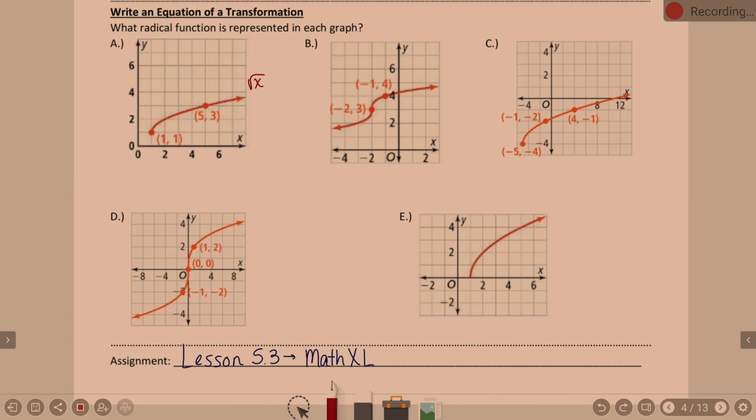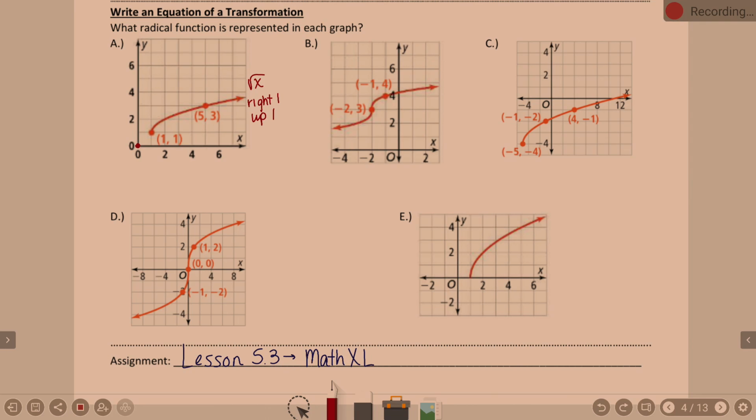Where's the square root graph going? And if you look, where does that vertex normally start at? 0, 0. Where is it starting? 1, 1. So that graph is going to move where? Right 1 and up 1.